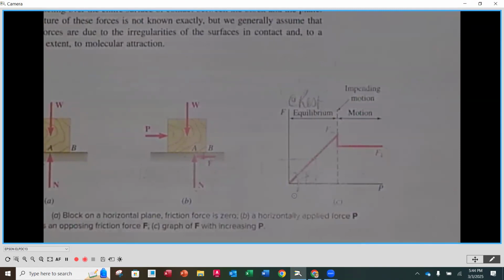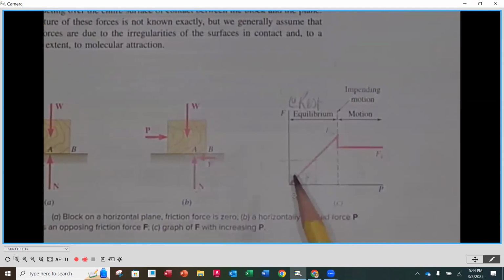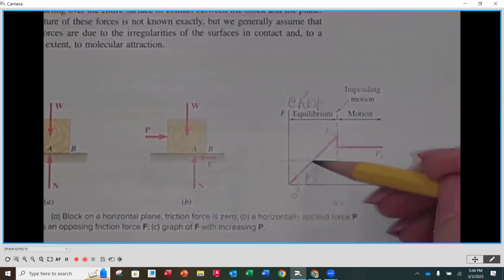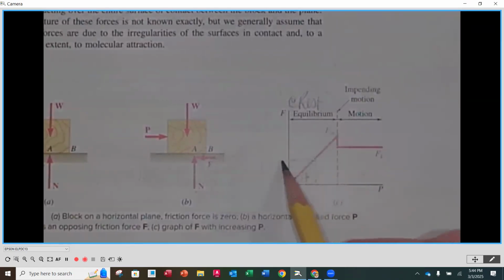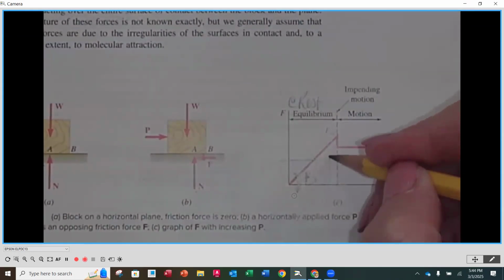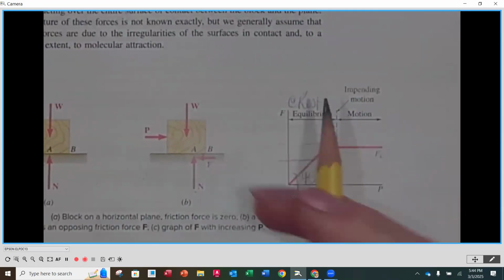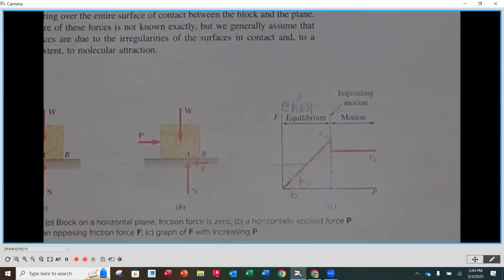If I'm in static equilibrium, the force that I push on it with is going to equal the friction force. That just means I'm not moving. As I increase my pushing force, if I'm not moving, it's going to equal that friction force. It's in equilibrium.